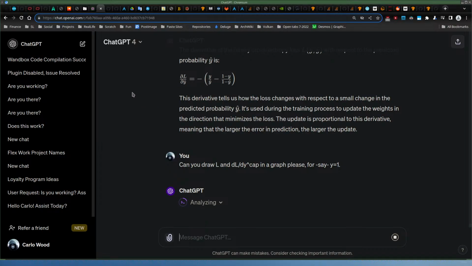But okay, maybe a graph will still show something.